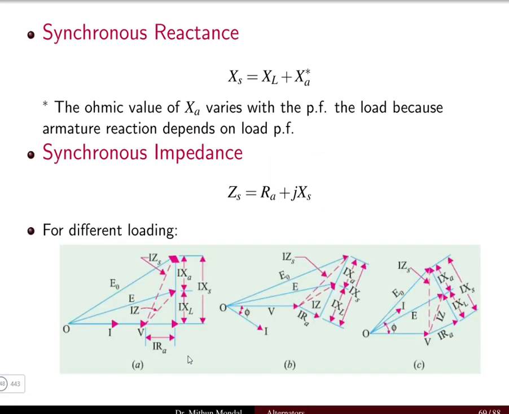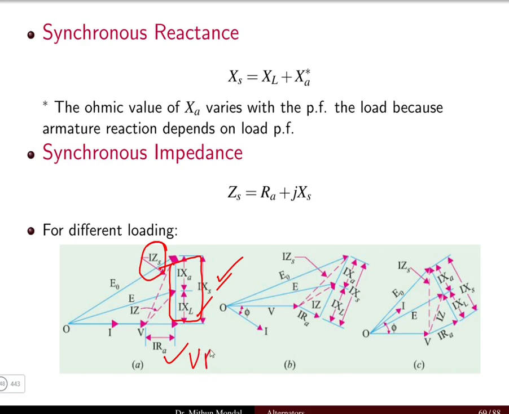So for different loading conditions, we can see how the EMF will be affected due to the presence of the armature resistance drop, the leakage drop, and the reactance drop, where the sum of the leakage reactance plus XA is the synchronous reactance, and IZS will give you the synchronous impedance.